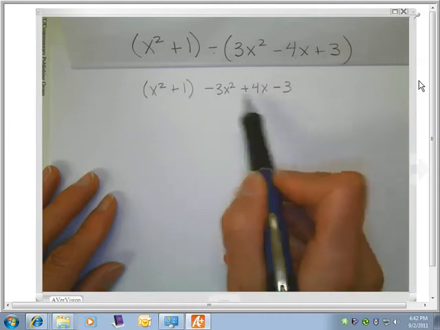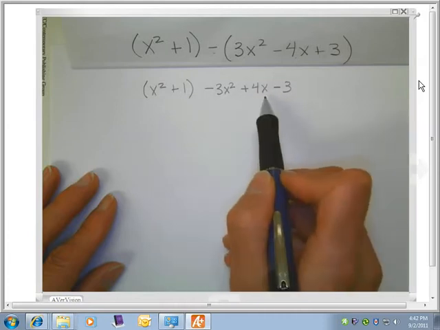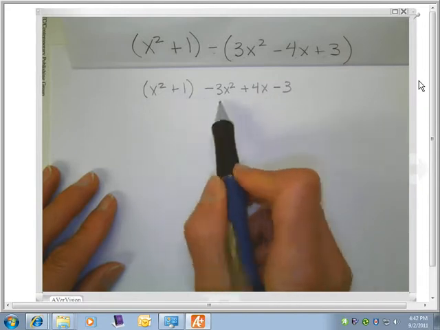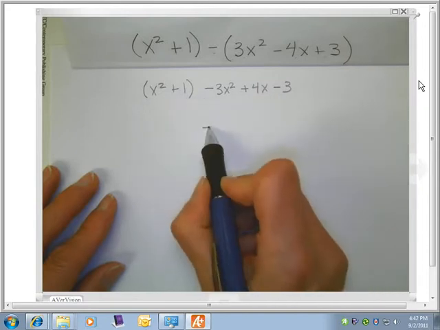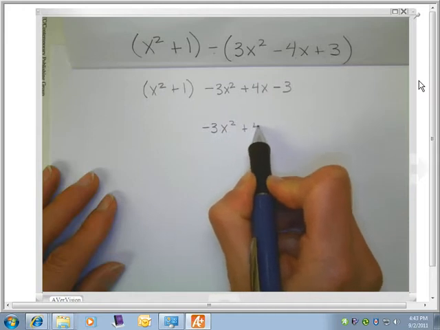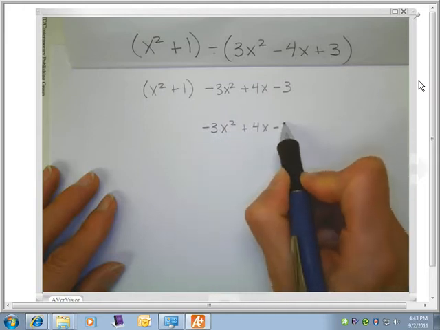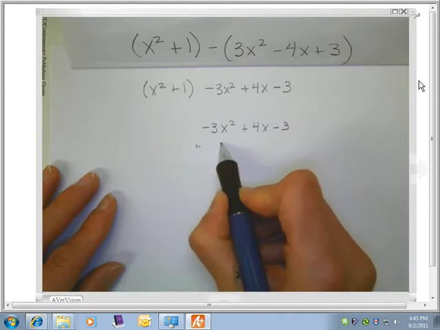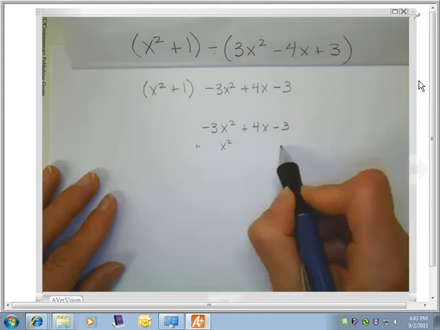So now I'm going to combine my like terms. I can look sideways like this, but sometimes that gets confusing. So what I like to do is put the longer polynomial on the top, and then add my shorter polynomial on the bottom.